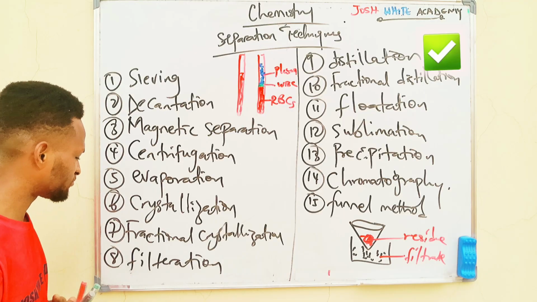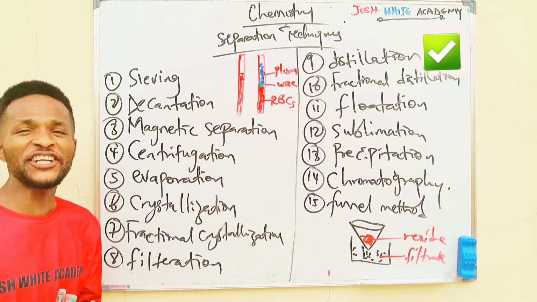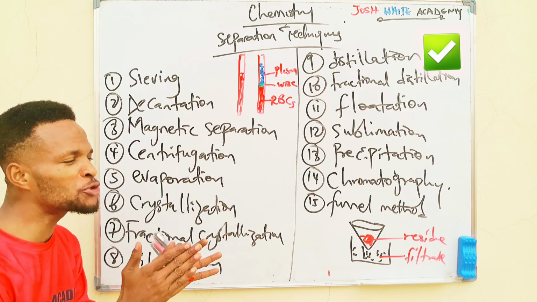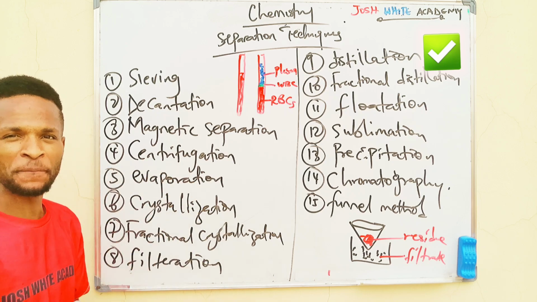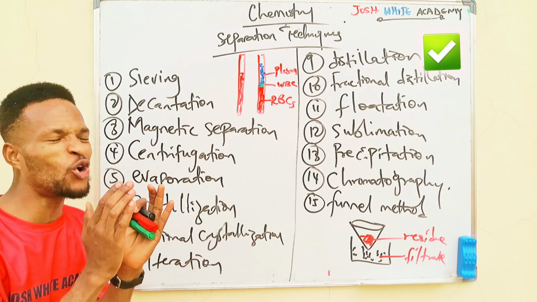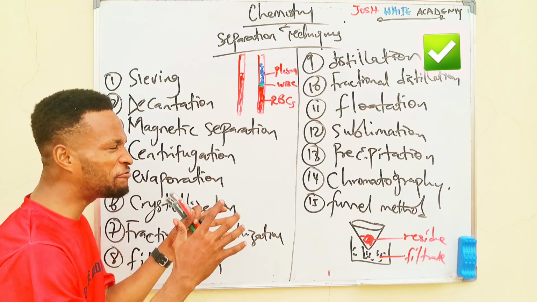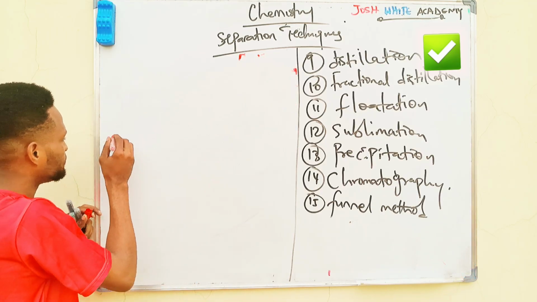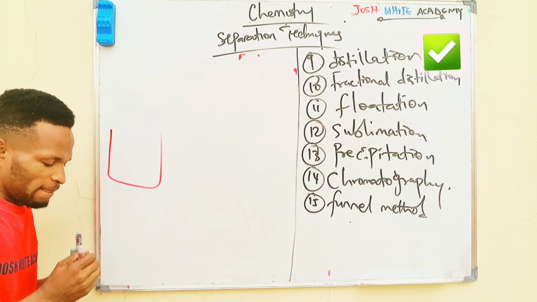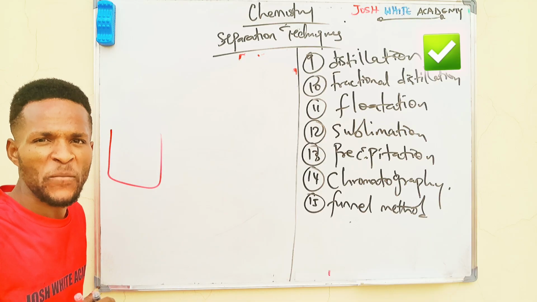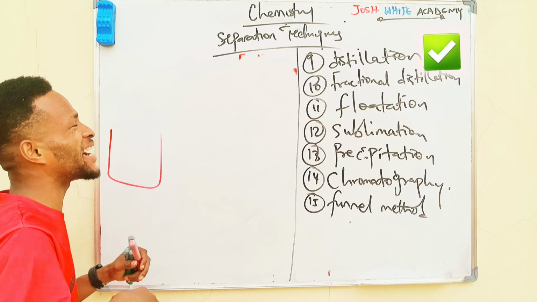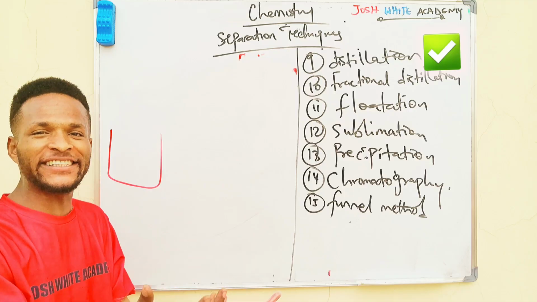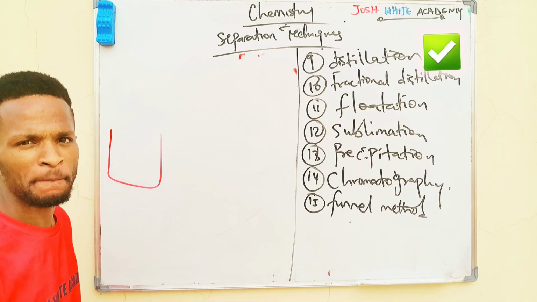distillation. Distillation is used to separate two miscible liquids by taking into consideration their differences in boiling point. Let's say for instance, two miscible liquids are like alcohol, ethanol, and water.